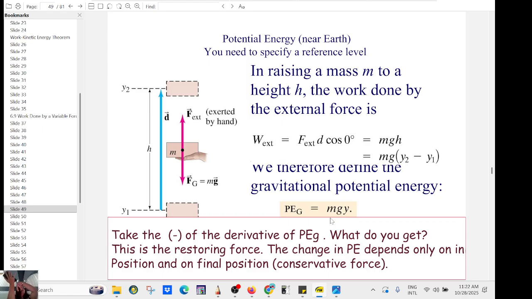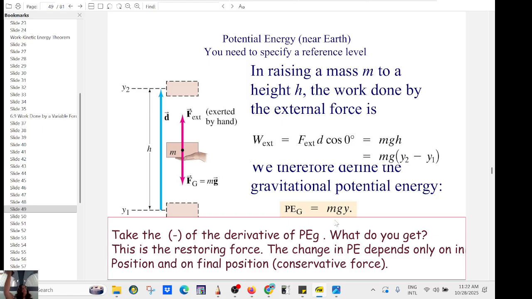Up equals down. Okay, so what I'm doing here, I'm doing work against gravity. So it will be my applied force, which is the weight, times the distance, which is just the height. So the work I am doing here is going to go into the potential energy. I am increasing the potential energy of this mass.